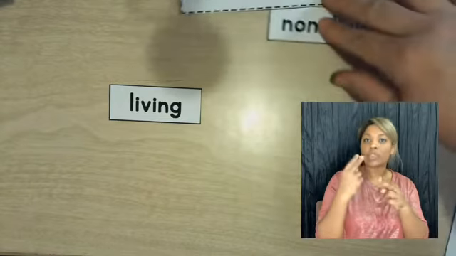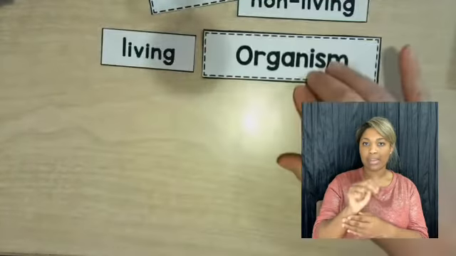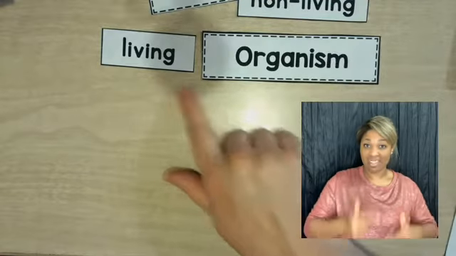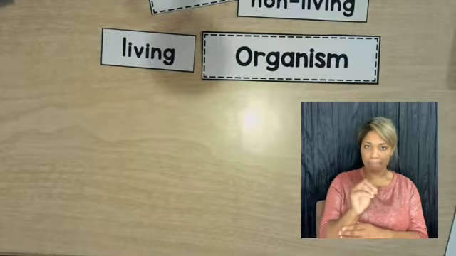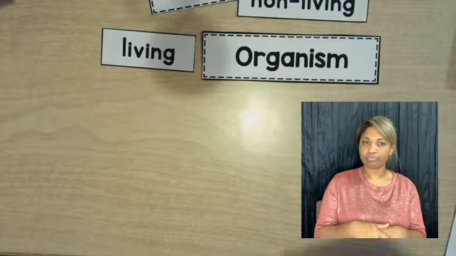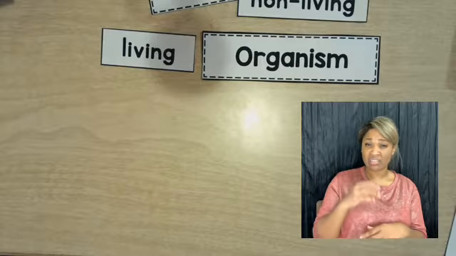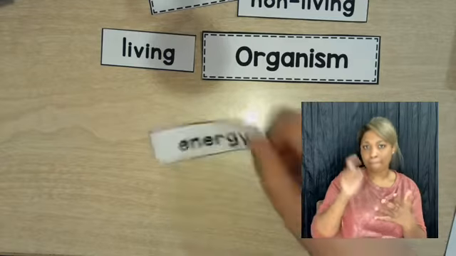We can say that it is an organism. So living things are organisms. In order to be defined as an organism, a living thing does 5 things.